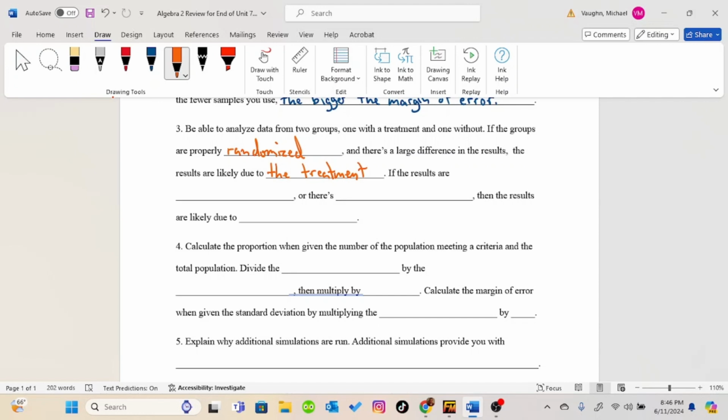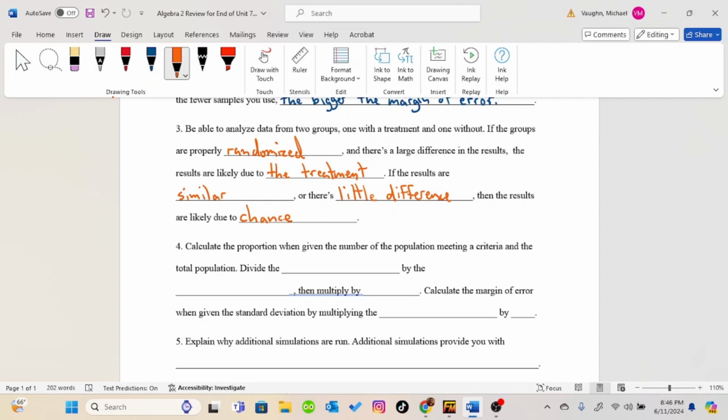If the results are similar, or there's little difference, then the results are likely due to chance.